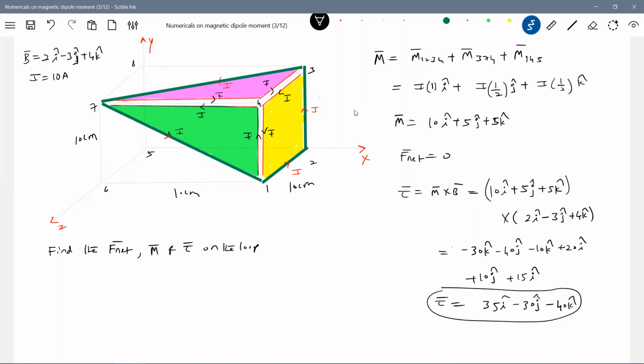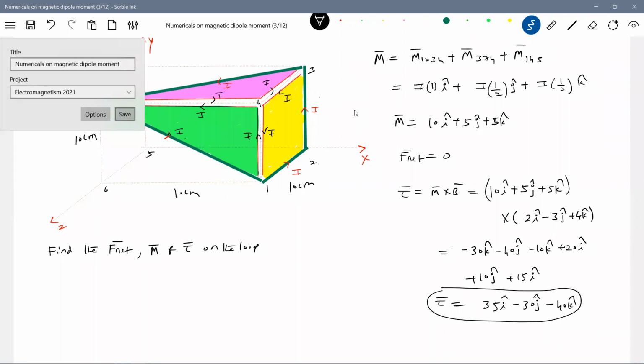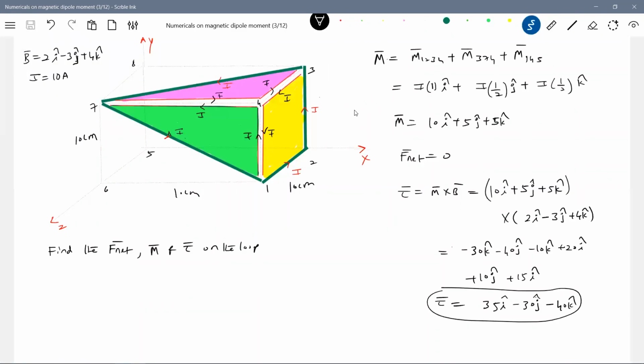Hope you are able to understand. So how to calculate the unit vector about which it will rotate? N cap equal to tau bar by mod of tau bar.